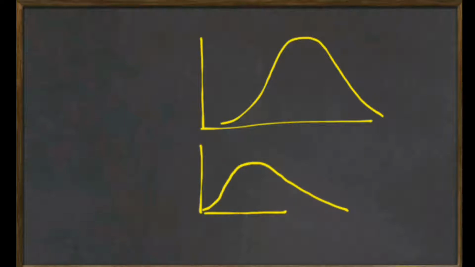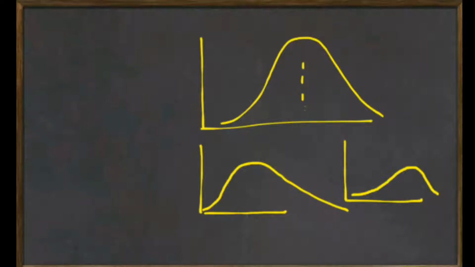But we can have positively skewed, where there's more data out here, or on the flip side, data on the lower end that's pulling the mean lower. Again, both the mean and the median matched up in the zero skew.